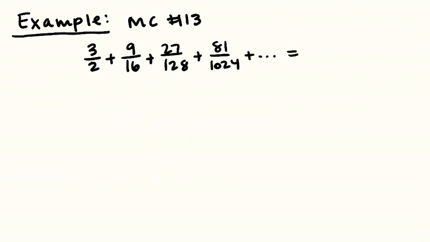Okay, so our first example is from the multiple choice packet, and this was a question on the 1997 Calculus BC test. What is the value of 3 halves plus 9/16 plus 27 over 128 plus 81 over 1024 and so on? I'm going to look and see, well, I multiplied by 3, multiplied by 3, multiplied by 3.